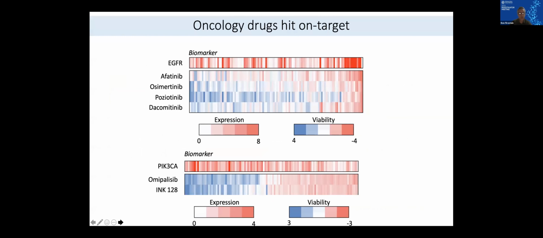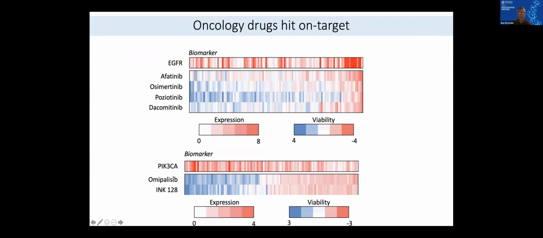Now, if we look at a more granular level, you can see indeed in a couple of cases, this tends to be the case. So for example, expression of EGFR serves as a good predictive marker for the response to a number of targeted agents in this pathway.